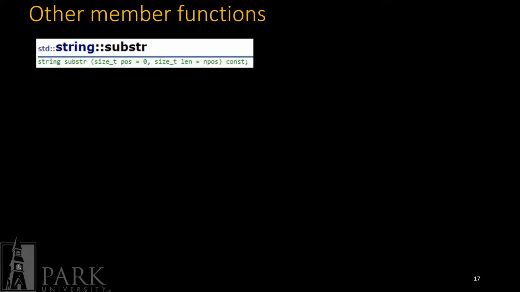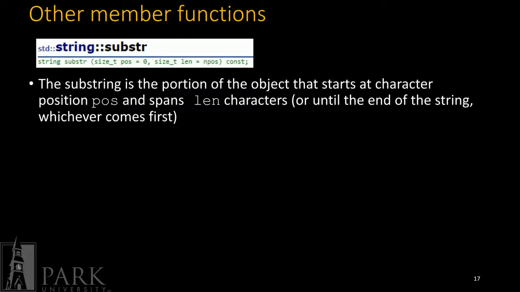So let's look at two commonly used string member functions. The first one is the substring function, which returns a substring of a string object, just like the Java substring method, right? The first parameter position specifies the beginning index, and the second parameter length specifies how many characters will be included in the substring, right?